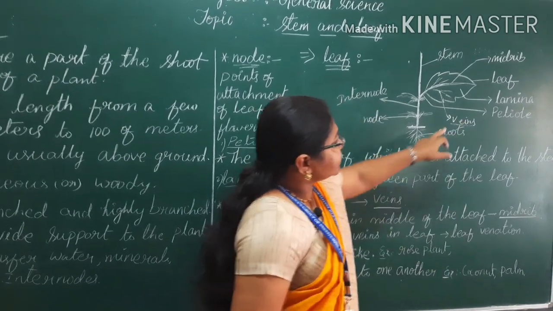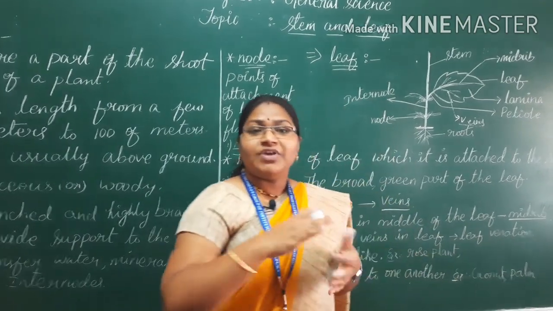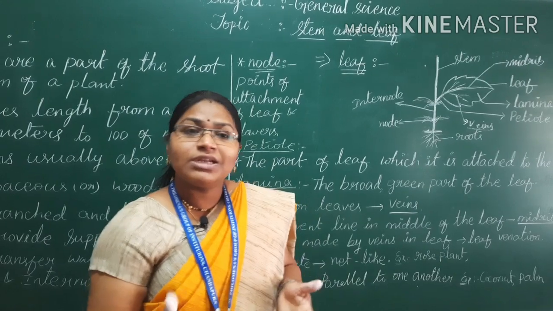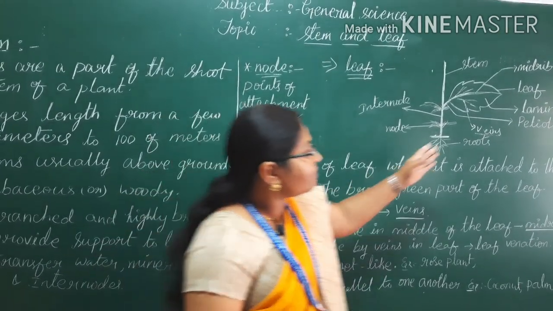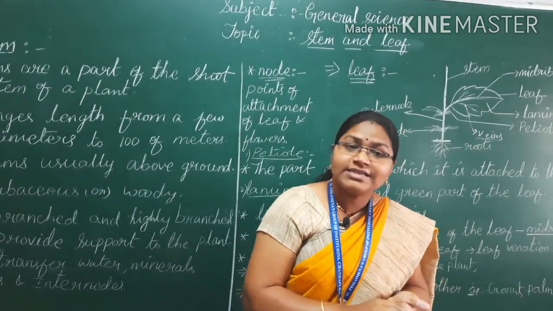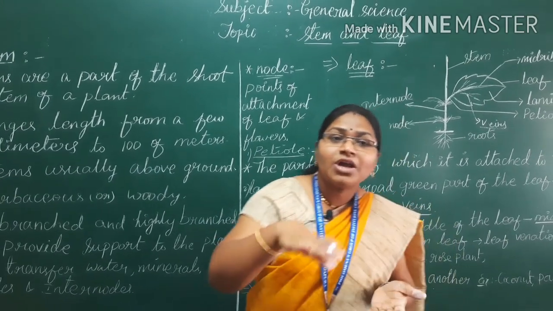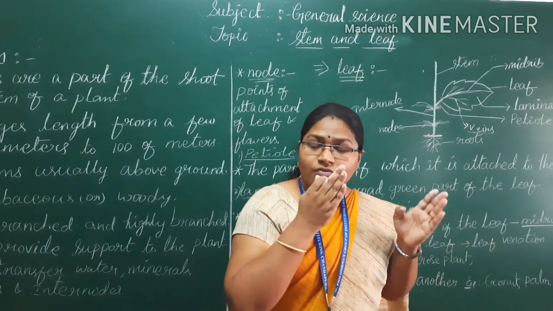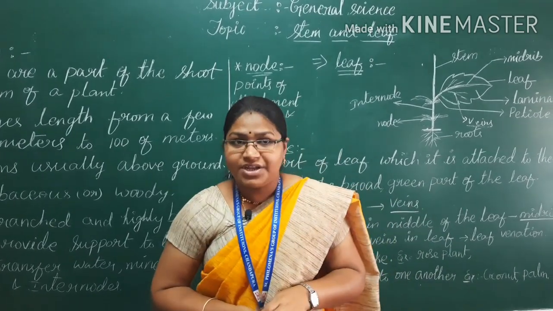Based on the arrangement of these veins, we can characterize leaf venation into reticulate venation and parallel venation. So, what do you mean by vein? Small lines which are present in a leaf we call veins. The design present on the lamina part characterizes whether the leaf has reticulate venation or parallel venation.